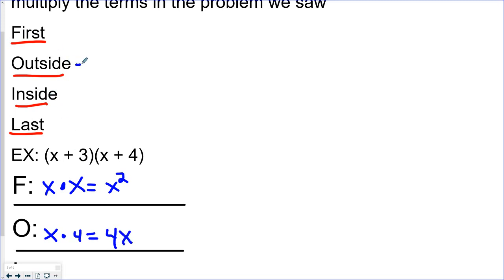So the outside you can think of as the leftmost value, and it doesn't have to be a number, it could be a variable, and the rightmost value. So outside means multiply the leftmost term and the rightmost term.